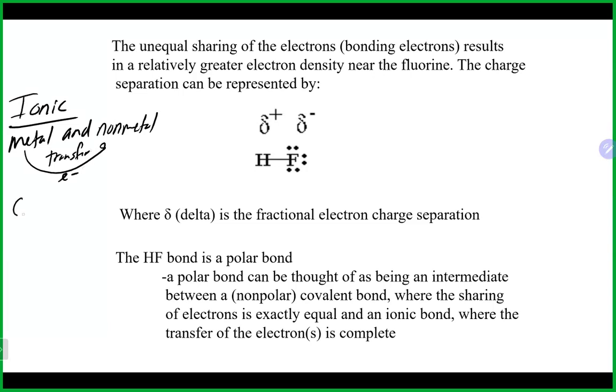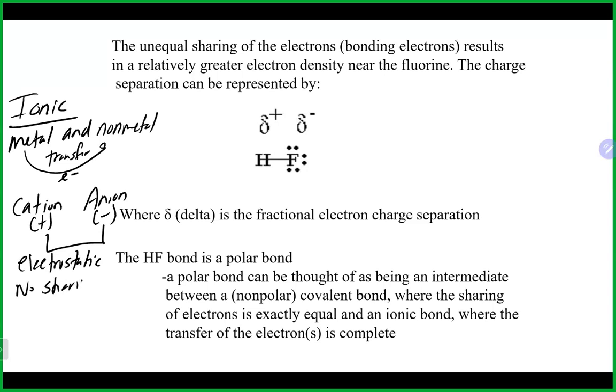Again, the result of that, as we talked about, is our cation gets formed from the metal, our anion gets formed from the nonmetal. That electrostatic attraction holds that together. No sharing of electrons here.